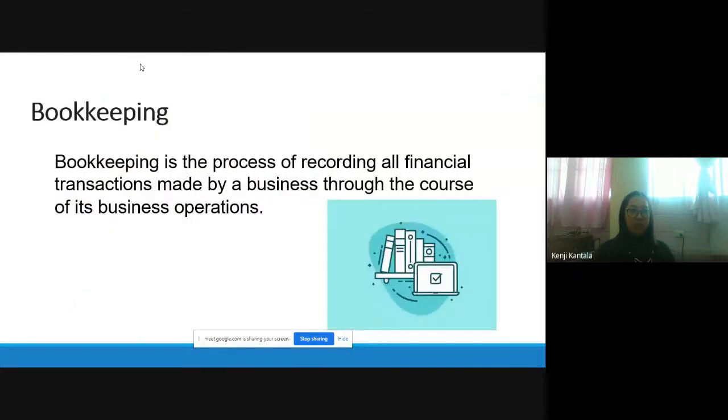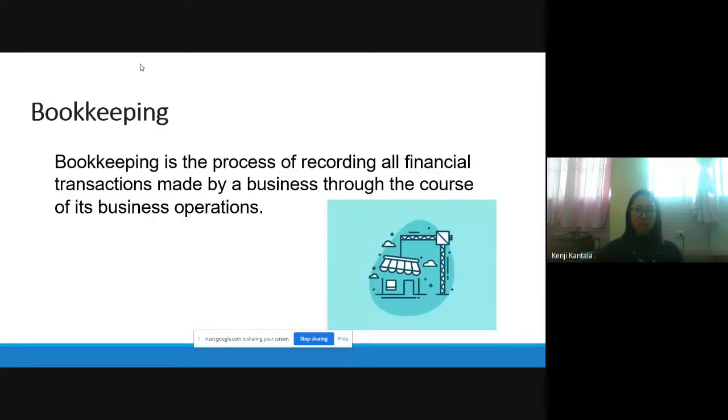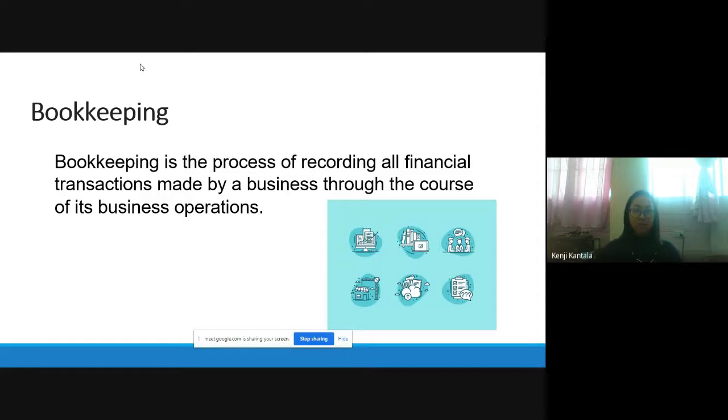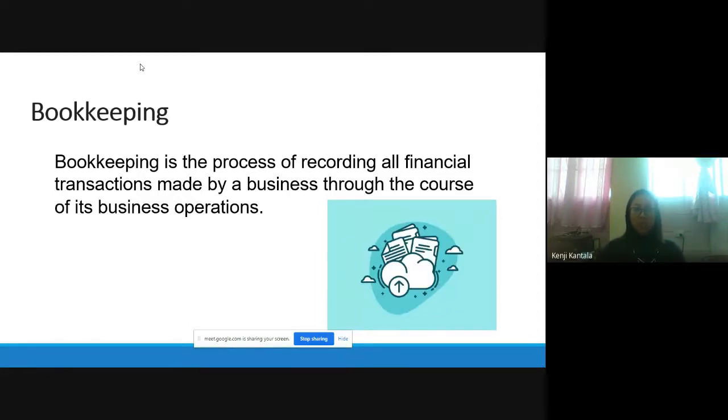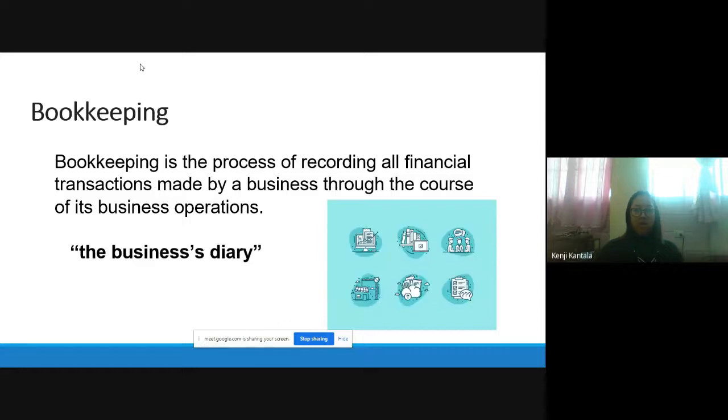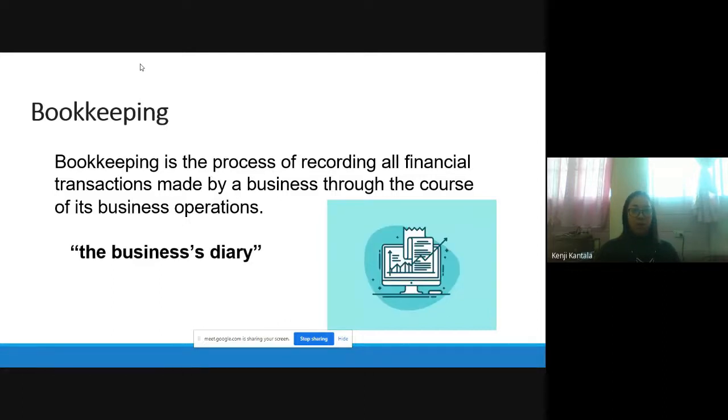Okay, so we define here bookkeeping as the process of recording all financial transactions made by a business through the course of its business operations. In short, to make it easier to understand, bookkeeping is actually your way or a process of doing the business's diary. Why is it a business's diary?